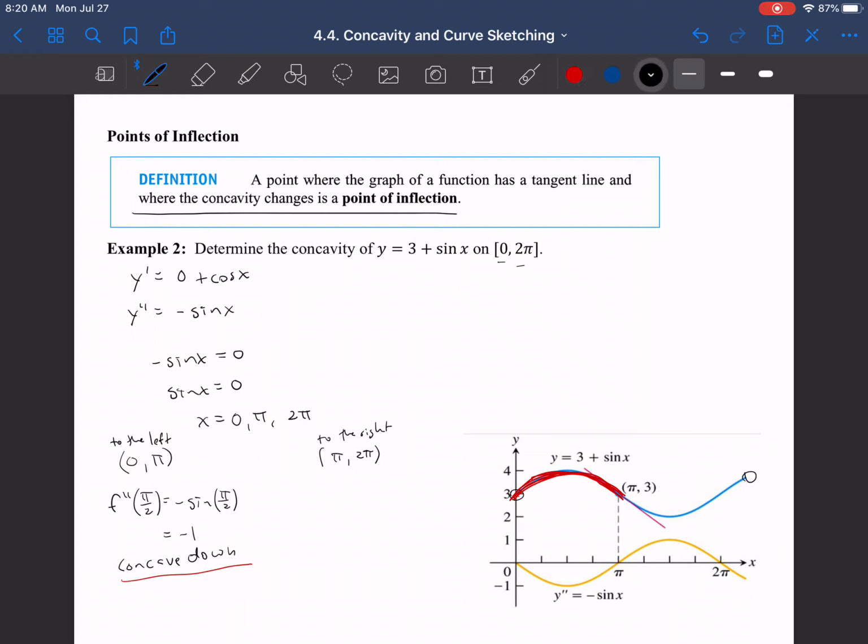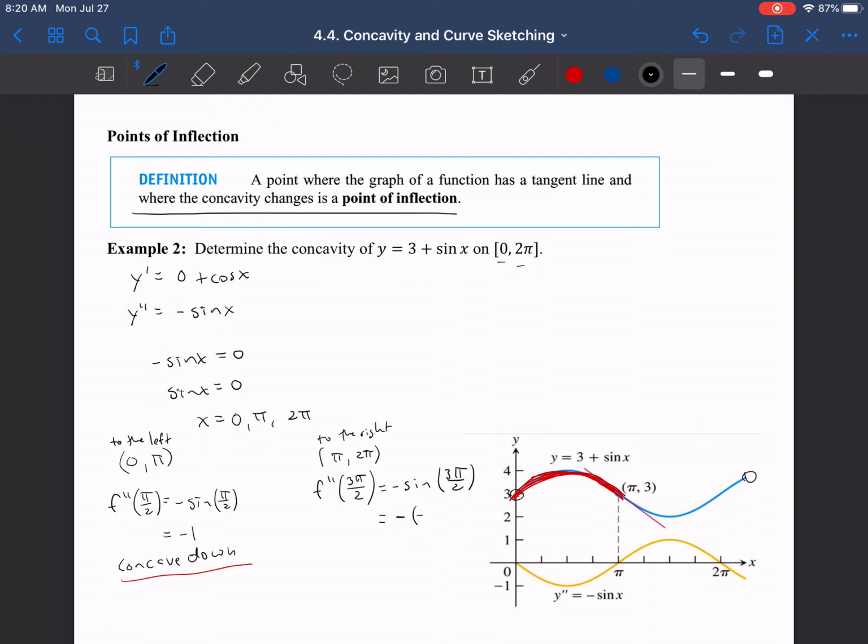And then the next one is to the right. We can do f double prime of 3 pi over 2. That's something between pi and 2 pi. So that's going to be negative sine of 3 pi over 2. So again, think unit circle. Sine of 3 pi over 2 is negative 1.